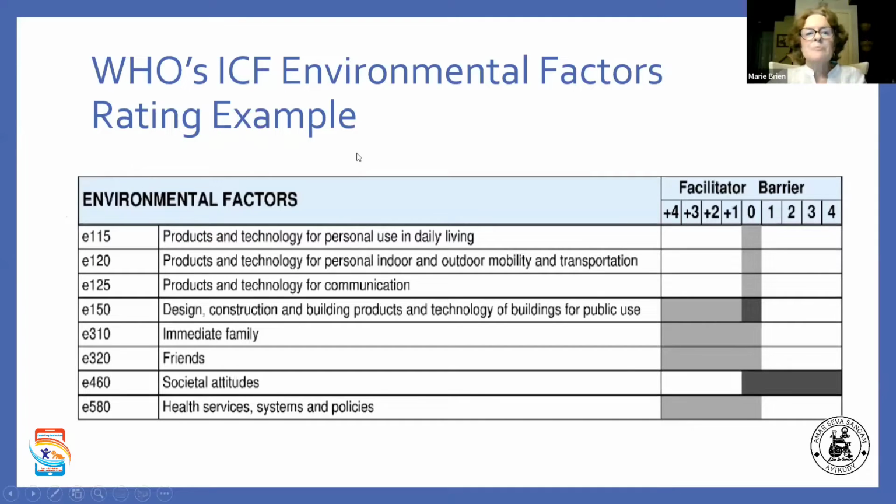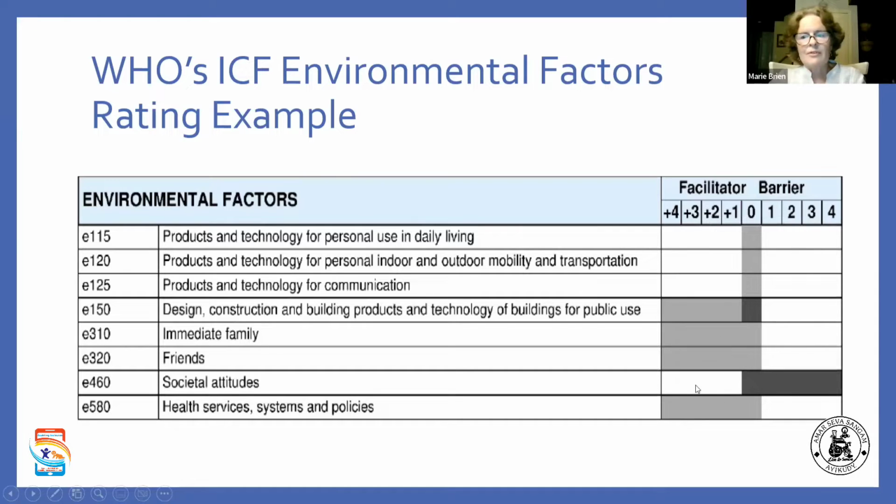So here's an example of how the ICF factors may be rated. I just took this from a study. These are the highlighted factors from the ICF under the environment. And each factor can be either a facilitator or a barrier, depending on the setting.